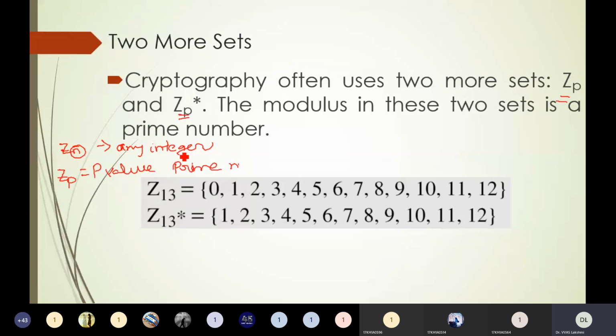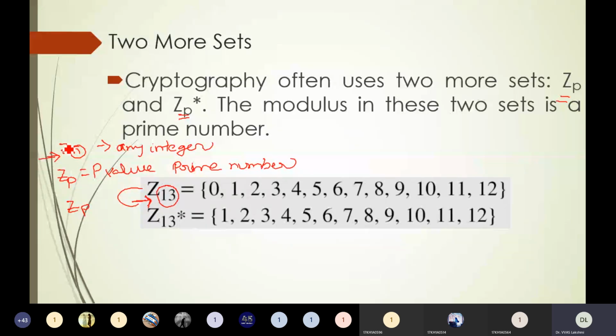The remaining process is the same. If the n value is a prime number, that set is said to be Zp. The remaining process is the same.